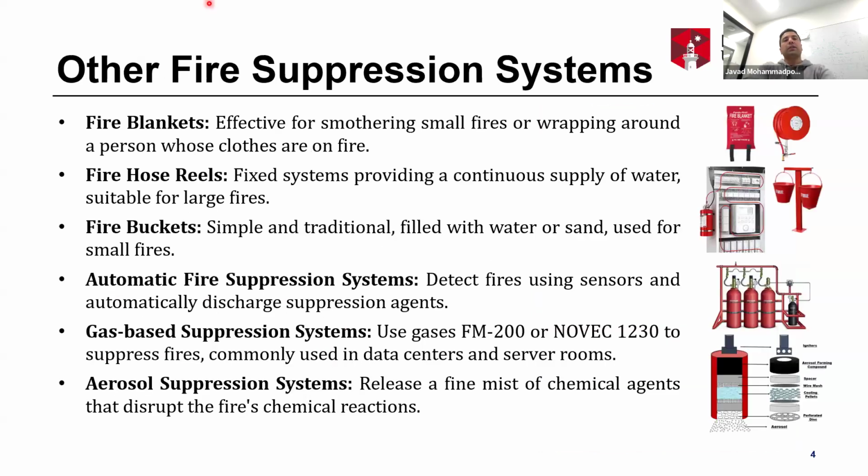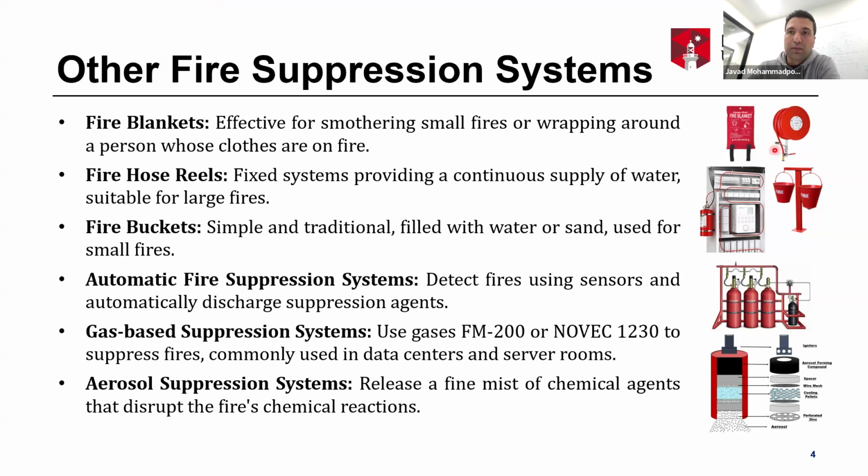And also we have other different fire protection or suppression systems that you have seen, and they are very simple. For example, the fire blanket, maybe you can see it on the wall. It is an effective way of smothering a small fire or wrapping around a person whose clothes are on fire.